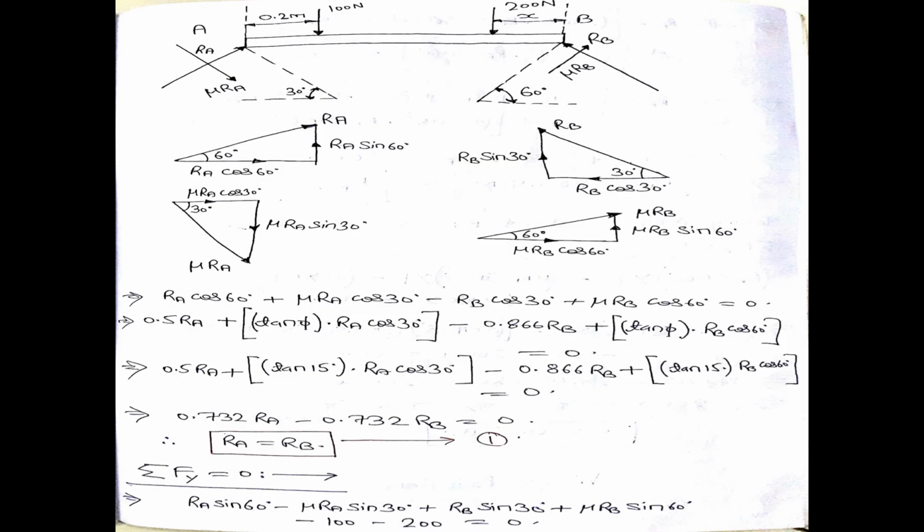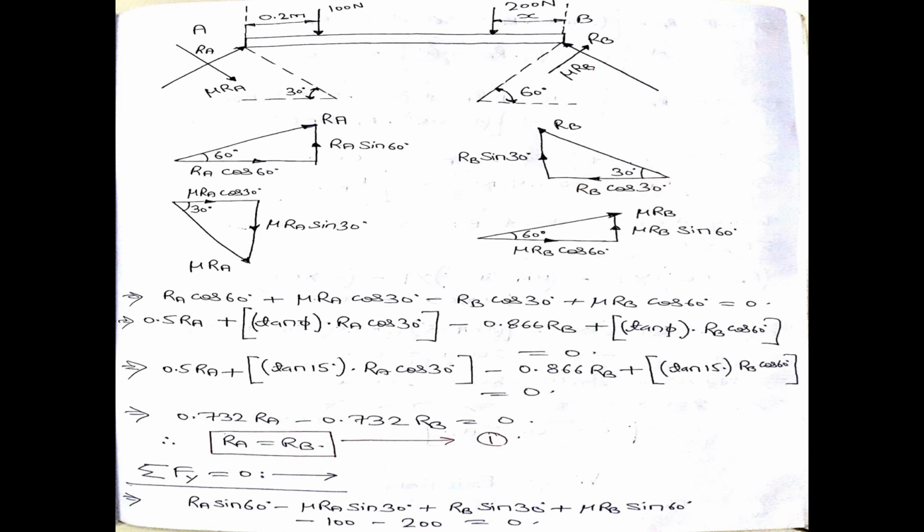While writing down the moment equation, you will not take the moment of the forces passing through point B, because what is the definition of moment? It is force into perpendicular distance from the point of application of force. So the forces which are passing through point B will not have any perpendicular distances.